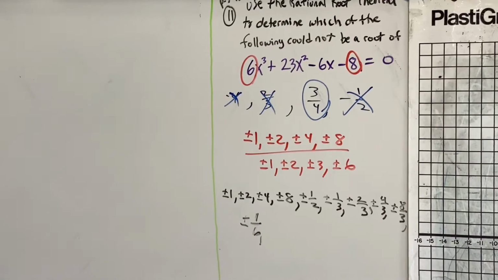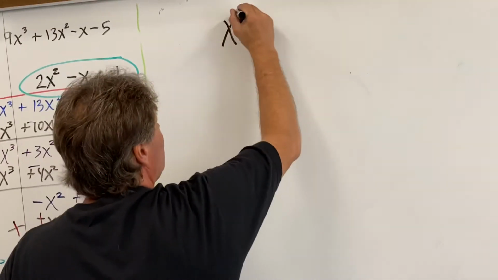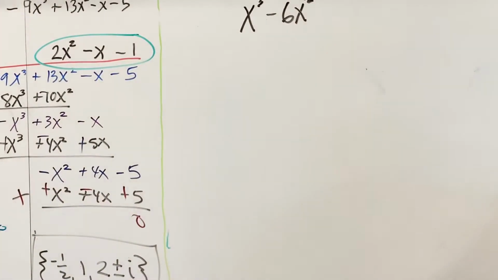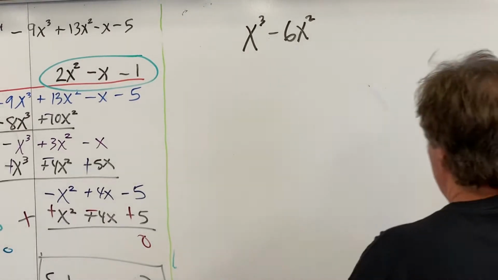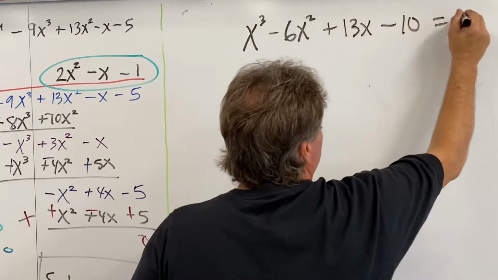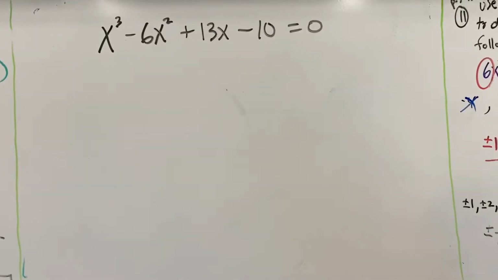Here's my equation. Okay, x to the third minus 6x squared plus 13x minus 10 equals 0. So I want to solve that equation by using the rational root theorem.